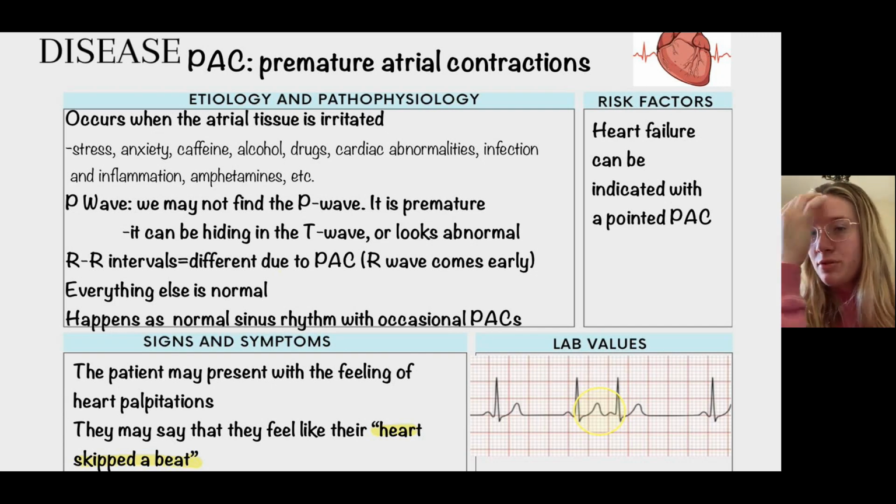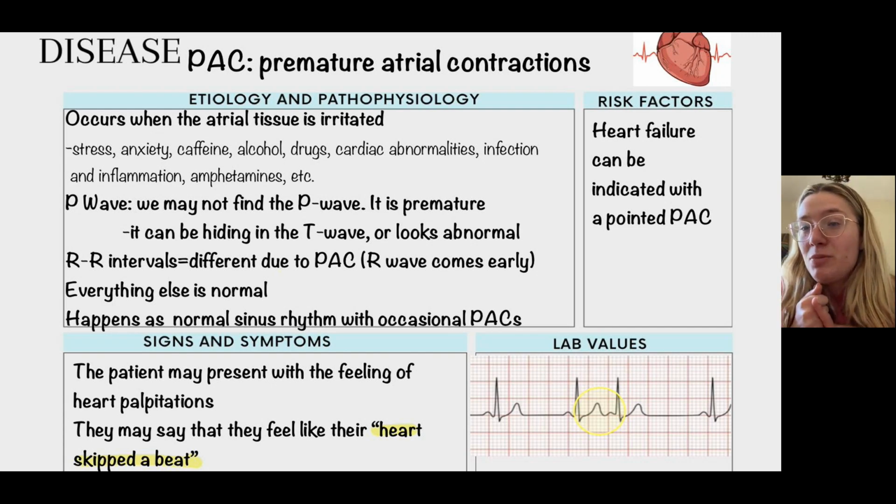Our repolarization phase with our T wave is so important because we want to make sure that the heart has time to regroup. But if my heart's still trying to regroup and my atria is like, come on, let's go, let's go, that's a bit of a problem. So we really want to monitor the frequency. How frequently is this happening?